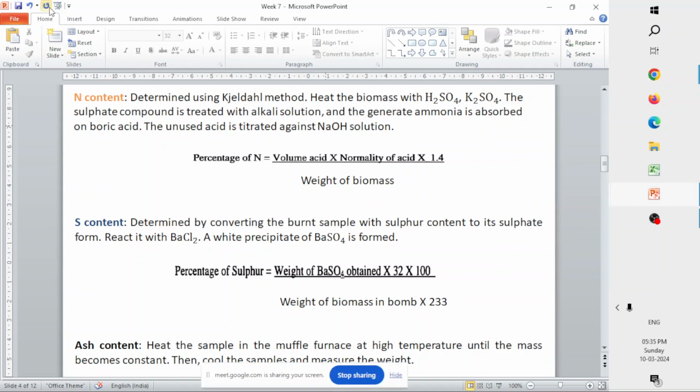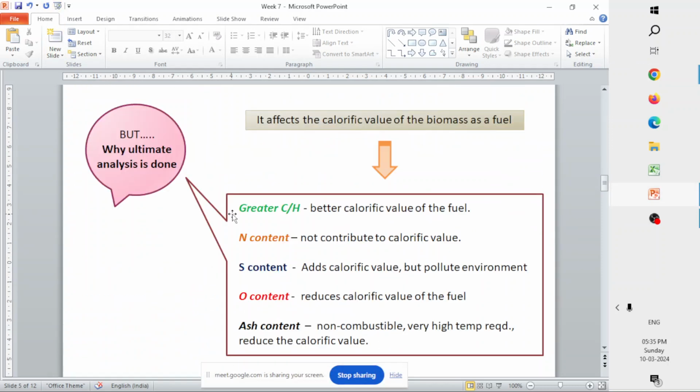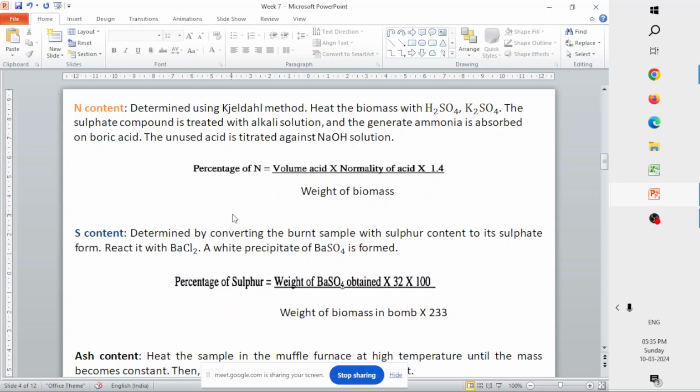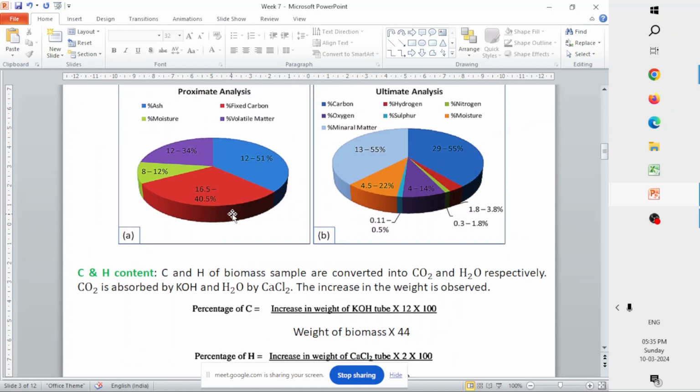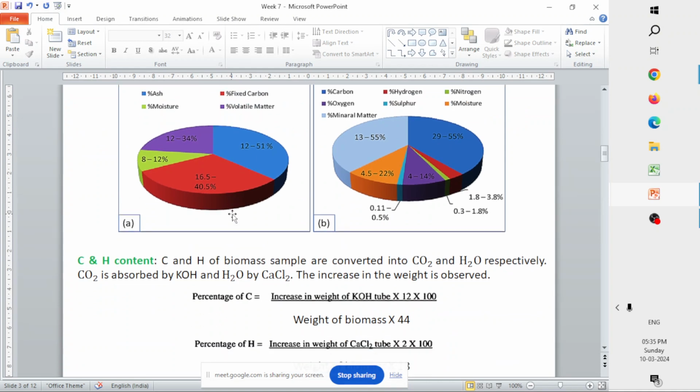If nobody has any doubt, then we can move on to the next topic. We have done the ultimate analysis and we know that it is important to find the elemental composition. But we get some particular information by knowing the elemental composition of our biomass sample, so how will it be helpful from an energy perspective?